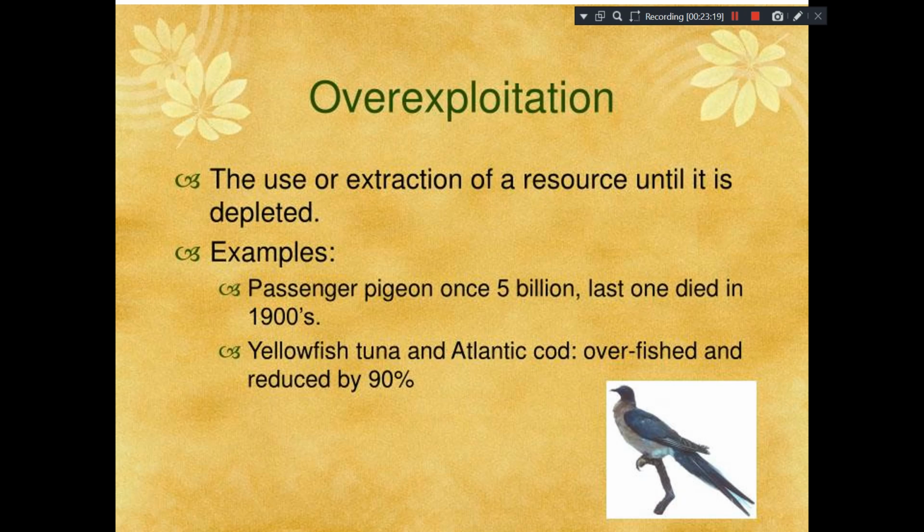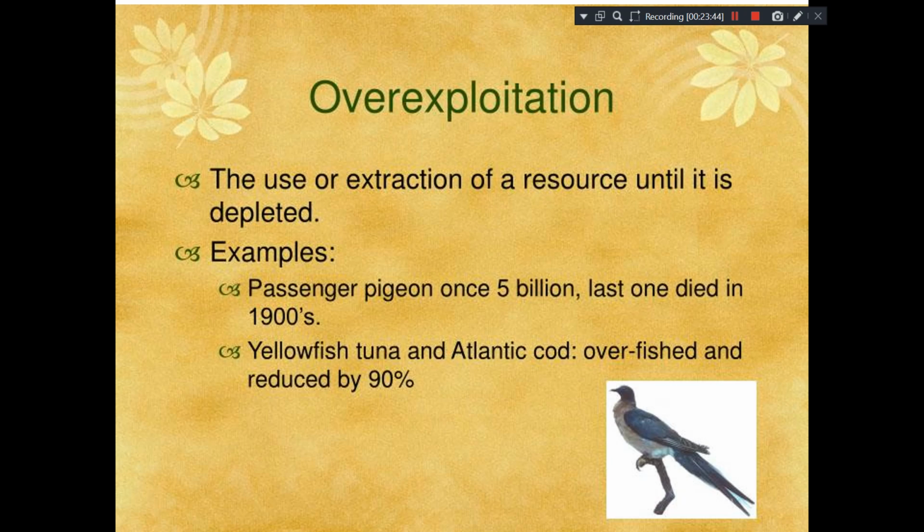As a result of that, what has happened? Passenger pigeons, which once numbered more than 5 billion, in the beginning of the last century, in 1900, the last passenger pigeon also died, and it has become extinct because the passenger pigeons were hunted so much that the entire population was totally wiped out.